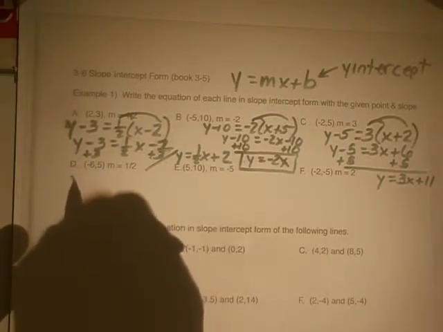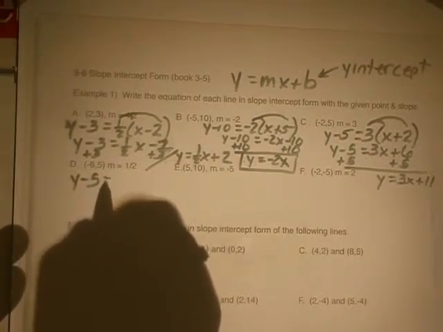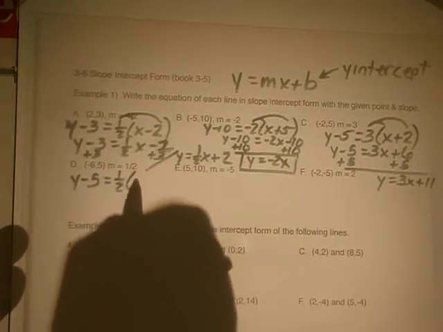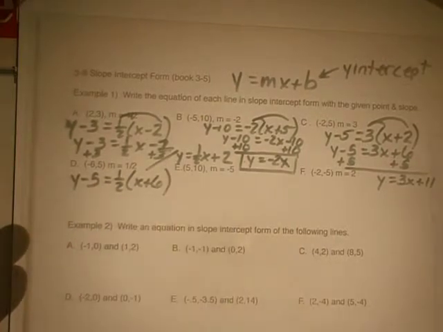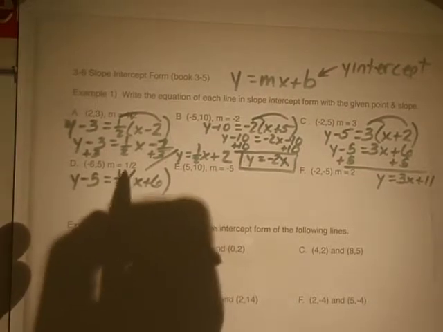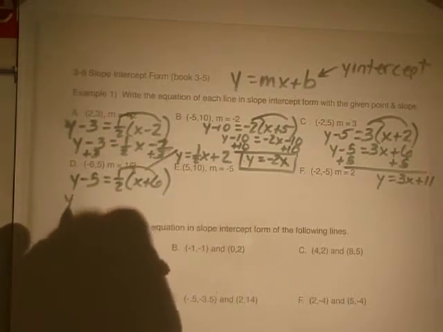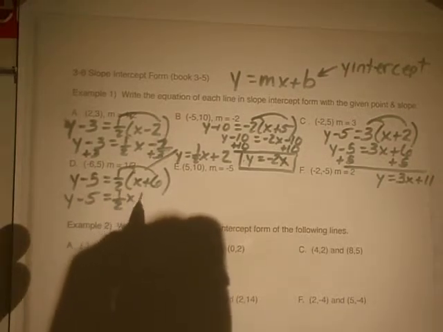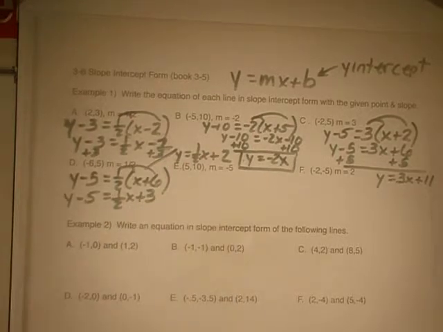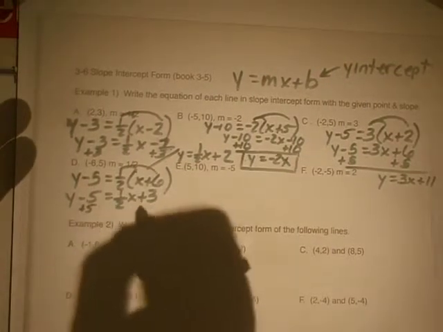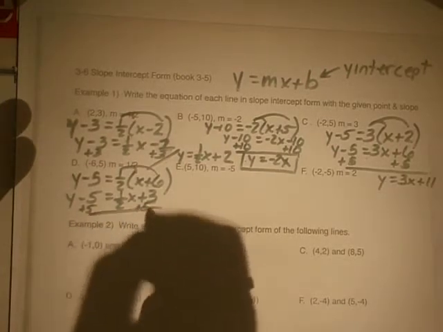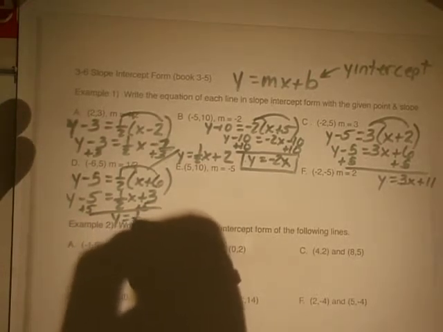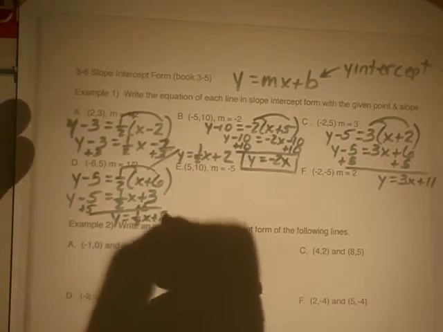Letter D will be y minus 5 equals 1/2 x plus 6. When you distribute, you have y minus 5 equals 1/2 x plus 3. And then adding 5 to both sides, you have y equals 1/2 x plus 8.